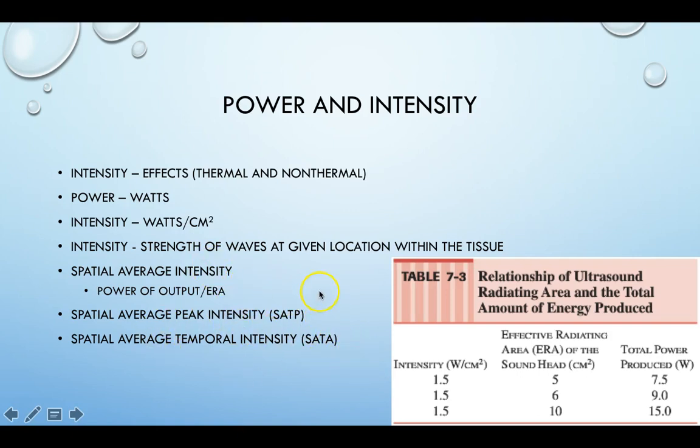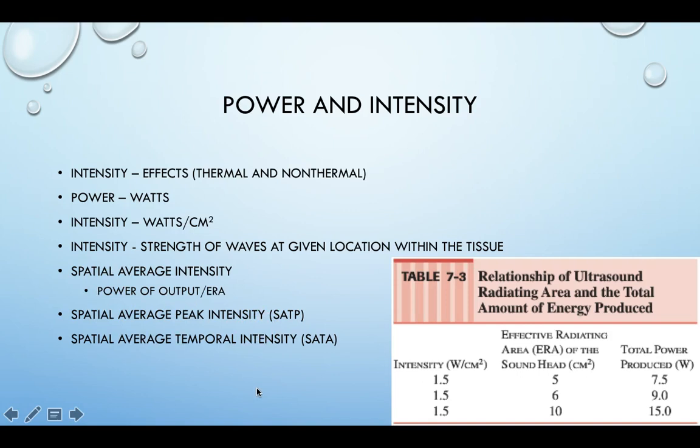The SATA, the spatial average temporal intensity, gives us the power of the ultrasound delivered to the tissue over the given time. So it takes into account time, and we only talk about this when we use pulse ultrasound. If we have the ultrasound on for our duty cycle only about 50% of the time, then that automatically decreases our spatial average peak intensity by half.